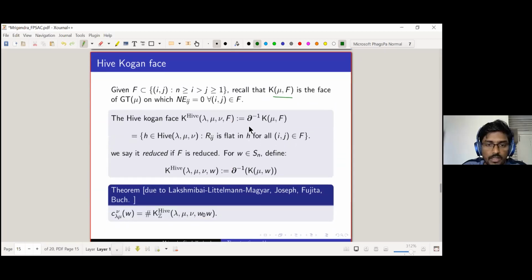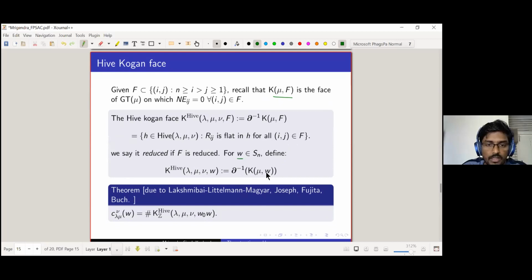What does this inverse image actually do in the hive? It is the collection of all hives where the northeast rhombus R_ij is flat for all ij in F. That is the exact meaning. Similarly, this hive Kogan phase is called reduced if F is reduced. And again, we can define in a similar way, for W a permutation, K hive lambda mu nu of W to be the set equal to the inverse image of K mu of W.